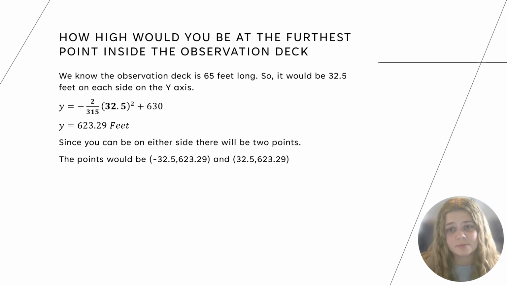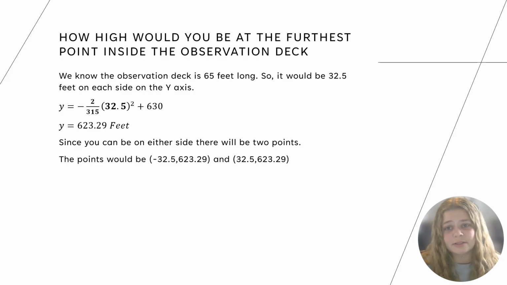To find the furthest point inside the observation deck, we will divide 65 by 2 to get 1 point on each side of the parabola. By doing that, we get 32.5. We can plug this into our x value to find the y value. Whether we plug in positive or negative 32.5, we will get 623.29 as our y value.